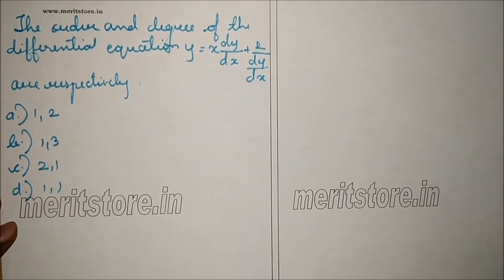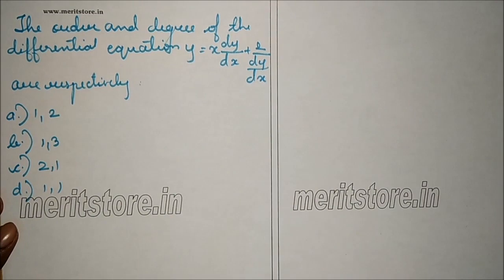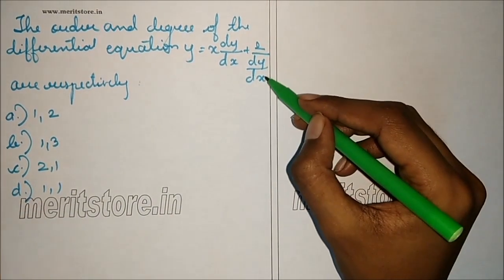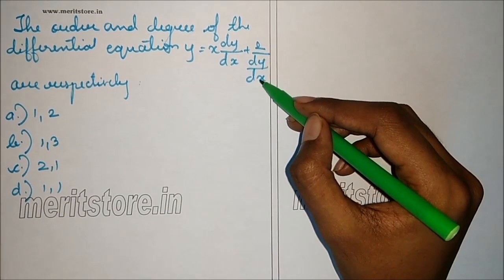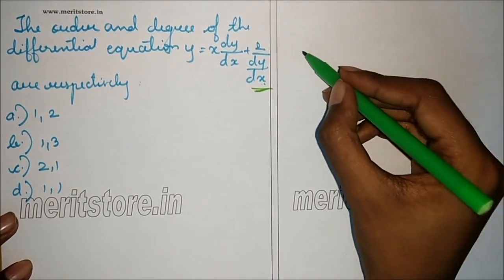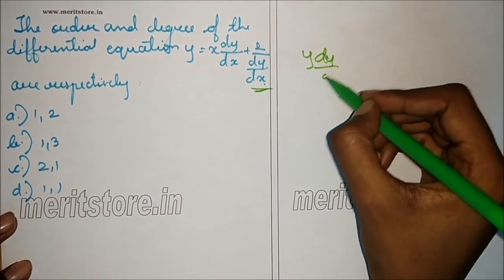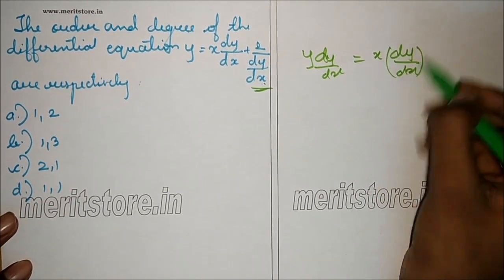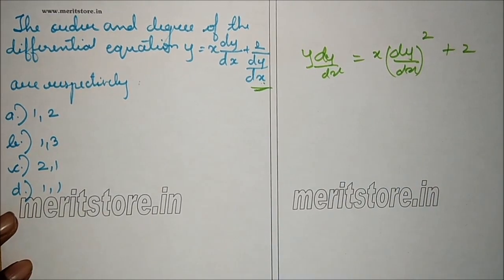The order and degree of the differential equation y equals x dy by dx plus 2 by dy by dx is? So first we multiply throughout by dy by dx to remove this from the denominator. So this will be y dy by dx equals x into (dy by dx) the whole square plus 2.